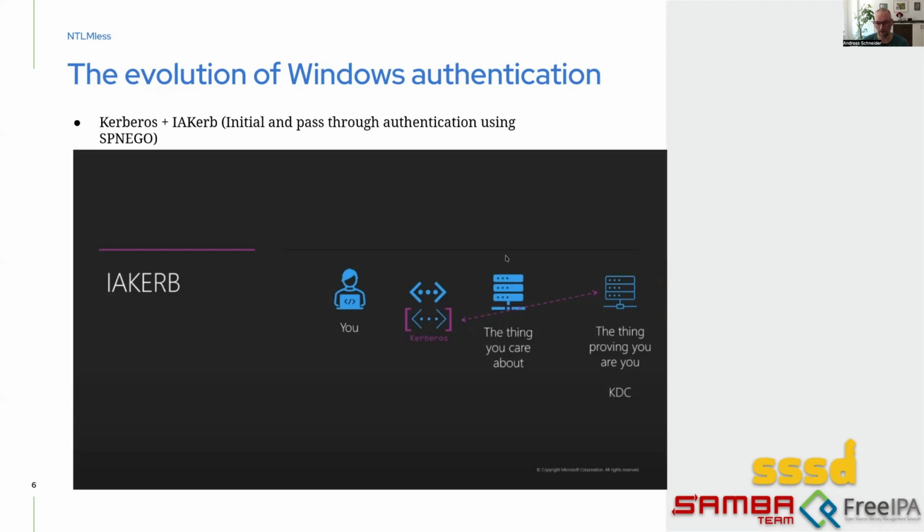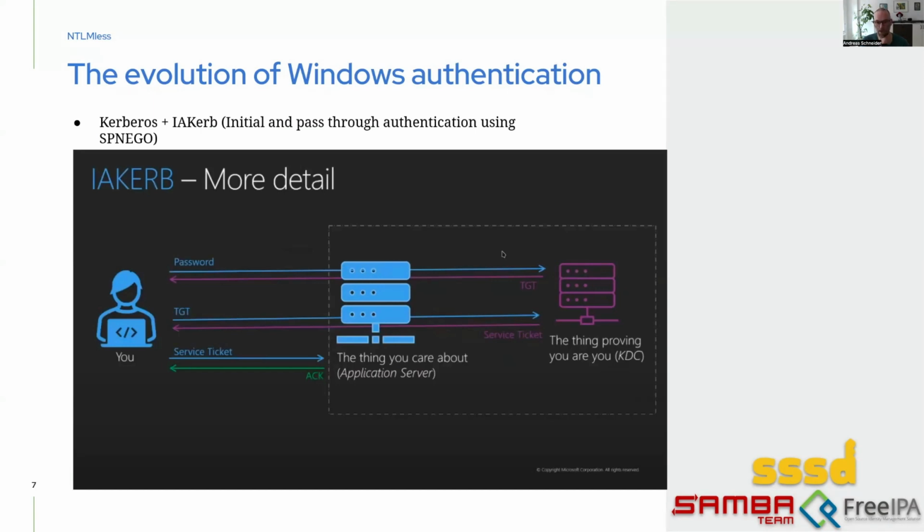It will proxy our Kerberos tickets or communication through the application service to the KDC, which normally has a direct connection. Because of this, we can use Kerberos instead of falling back to NTLM. NTLM normally solved that for us before, but as we want to get rid of NTLM, the idea is to use IAKerb.